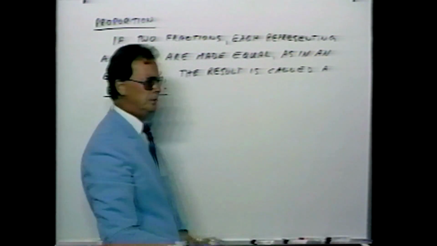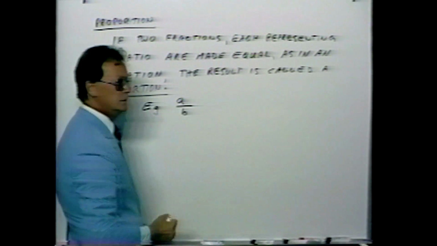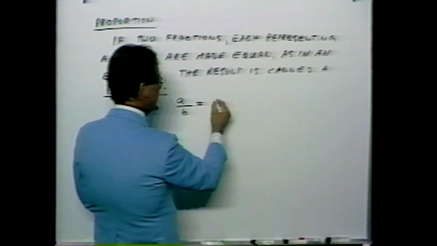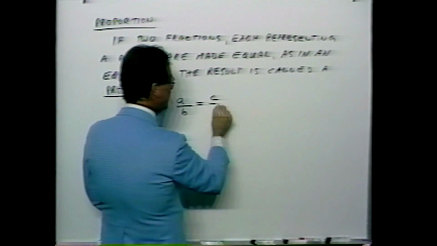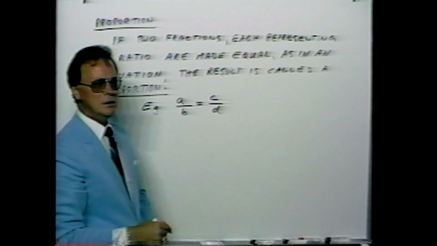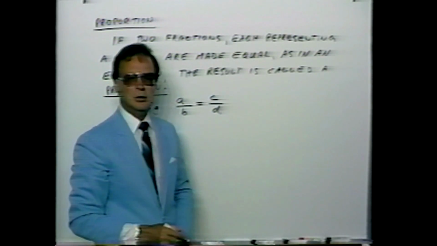For example, A over B is one ratio, and if we write that that equals another ratio C over D, then the entire statement is called a proportion.